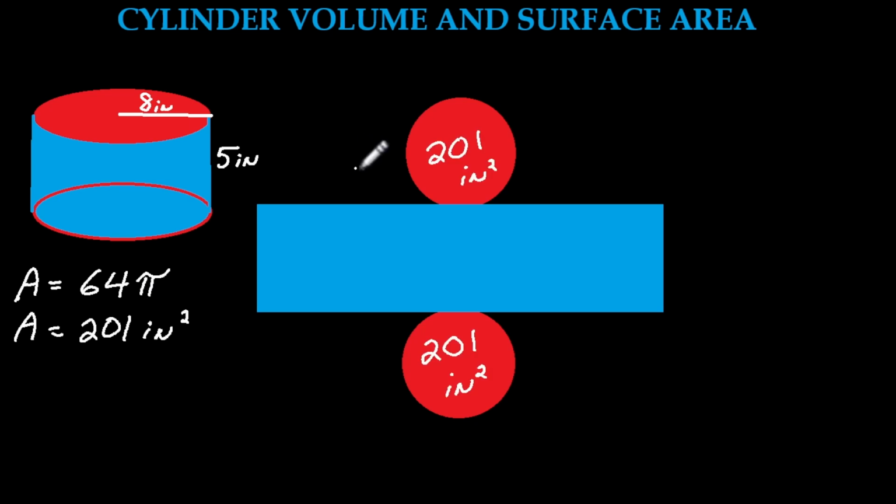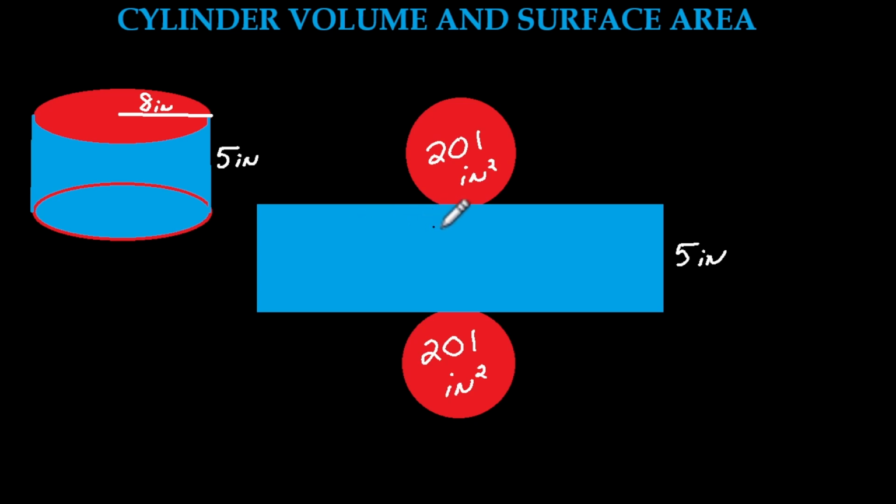And for the final part, the rectangle, we know that the height here is 5 inches. Now looking at the rectangle, when I fold up the rectangle, I see that the base, which is going from here to here, wraps around the circle, so the base of the rectangle is actually going to be the circumference of the circle.